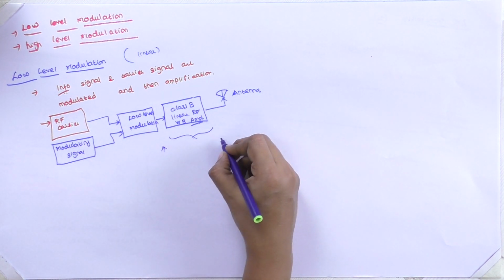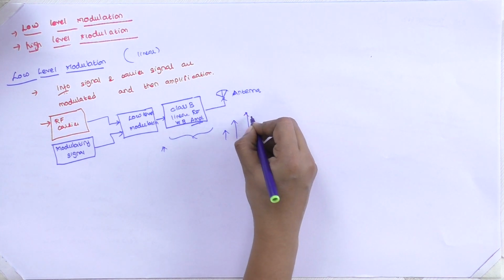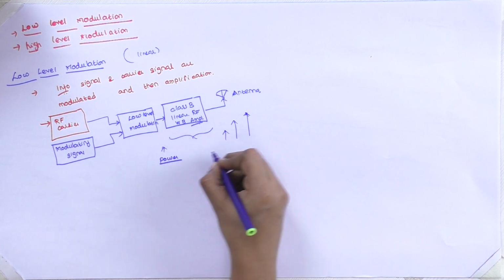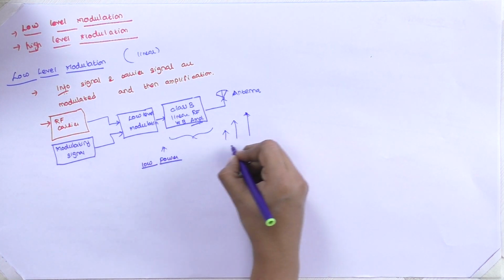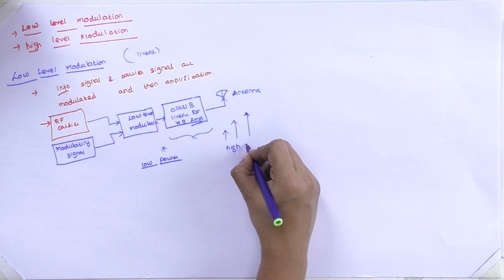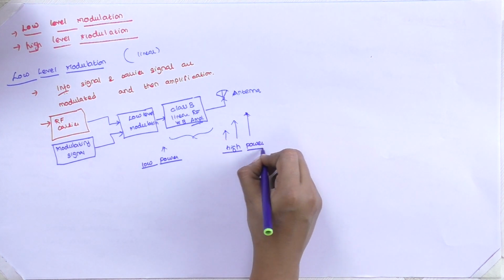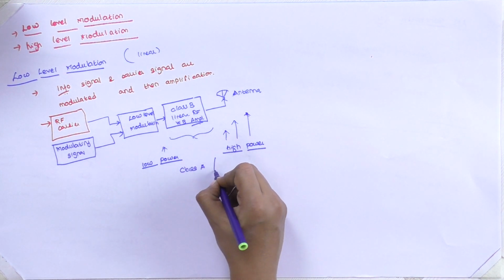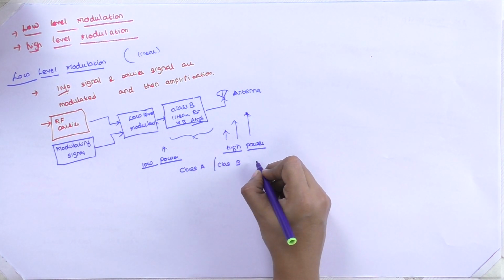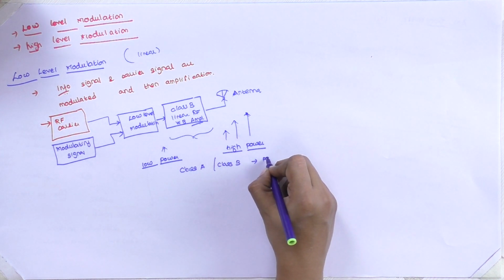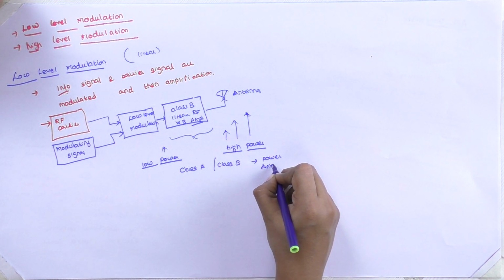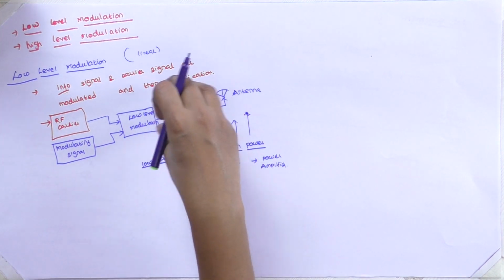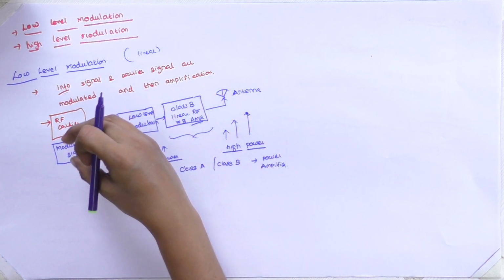Here the power level will be low. To increase the power level, we use the class B linear power amplifier to boost the power level. Predominantly we employ either class A or class B type of power amplifiers. The power amplification stages are required to amplify the carrier as well as the modulating signal.